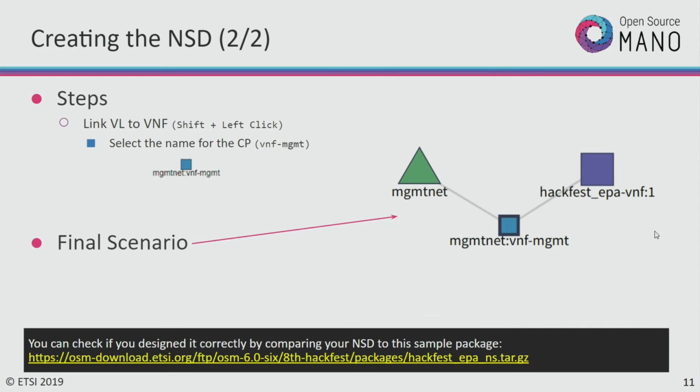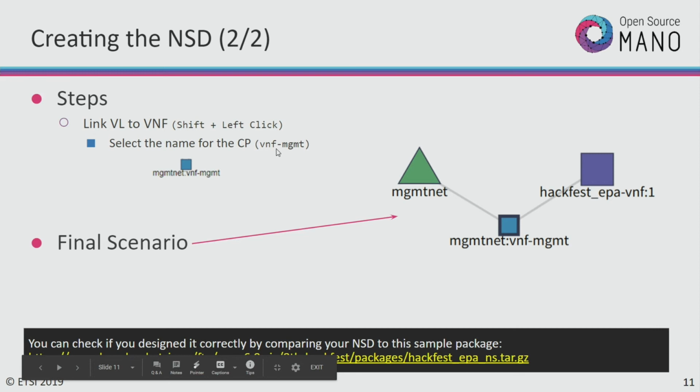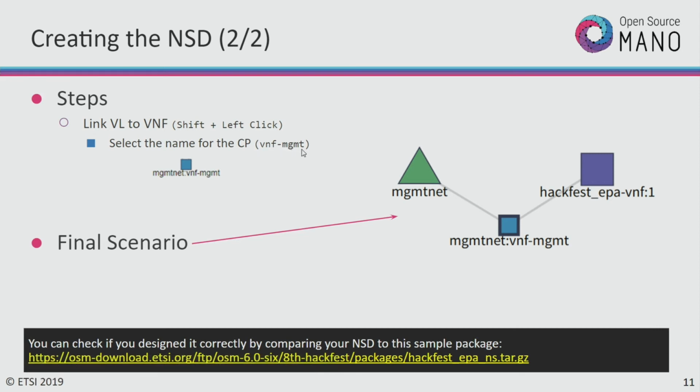I think that you learned how to do that in the previous session. Just shift and left click the points that you want to link. And in this case, if you link the two of these, you will need to select a name for your connection point. In this case, we are going to name it VNF management. And the final scenario should look like this. So if you want, you can create it with the composer and then compare it with the package.